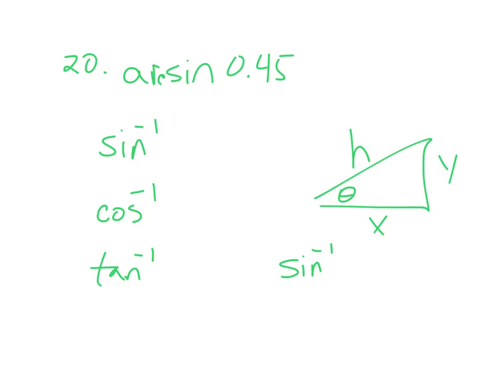This is SOHCAHTOA, so opposite over hypotenuse gave you that missing angle. So this is all the same. And all we're doing here for this set of problems is just typing it in, hitting enter, and rounding it to two decimal spots.